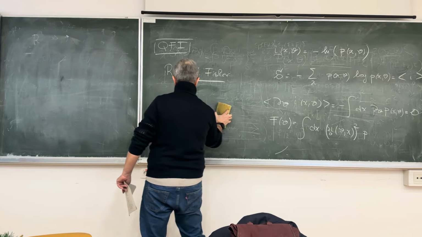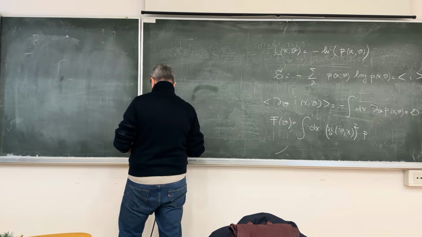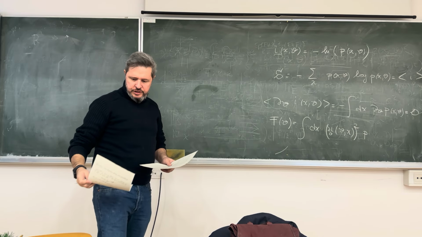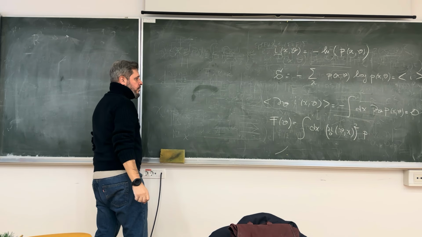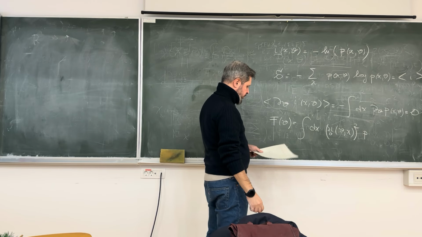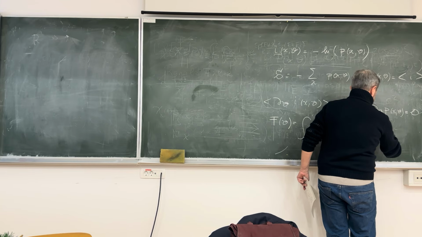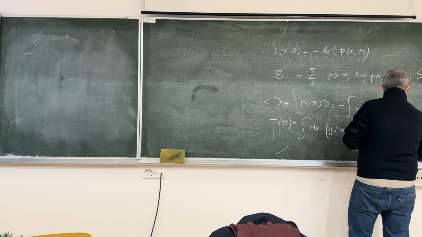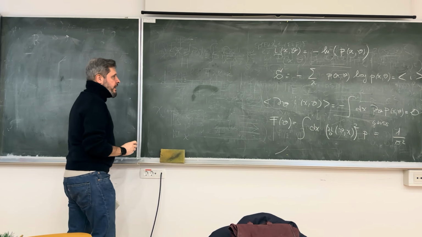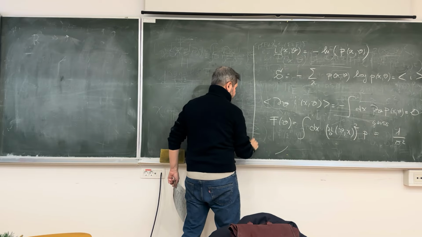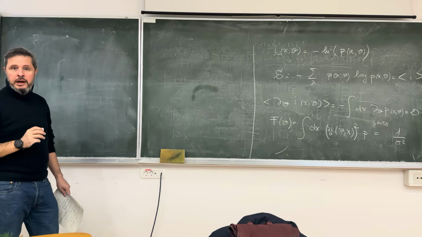Now what is interesting of this definition, and then I'll switch to the quantum case, is that first of all, if you consider the case of a Gaussian, you do the calculation quickly and you will discover that this for the Gaussian is equal to 1 over sigma squared. But what is most important is that given this definition of information, one can prove a theorem which is called the Cramer-Rao bound.